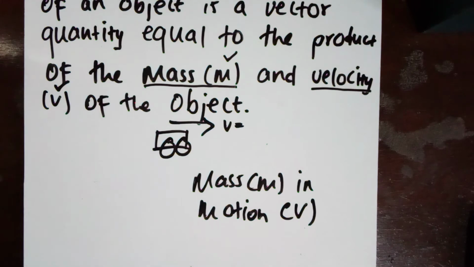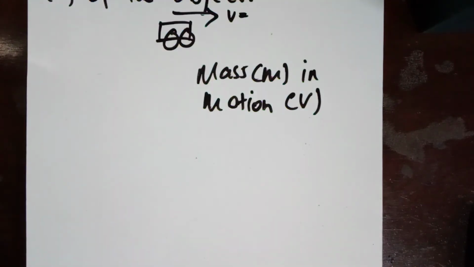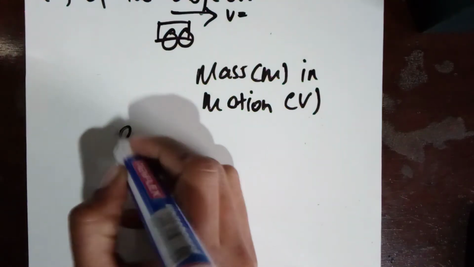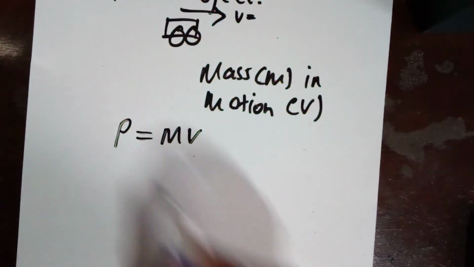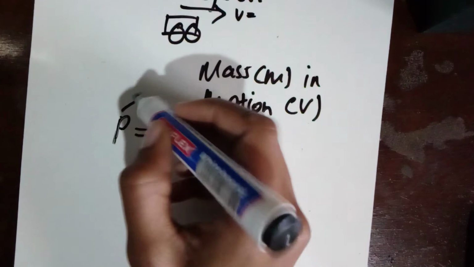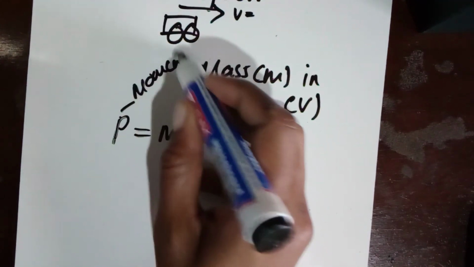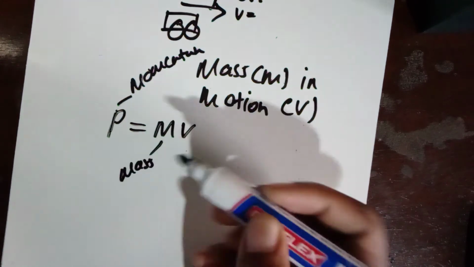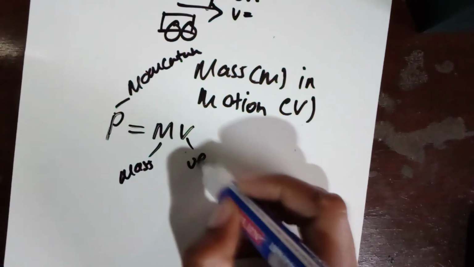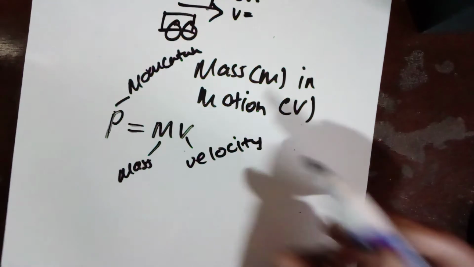If you recall what you did earlier this year, the formula for momentum is p equals mv. This is the momentum, this is the mass of that object, and this is the velocity.